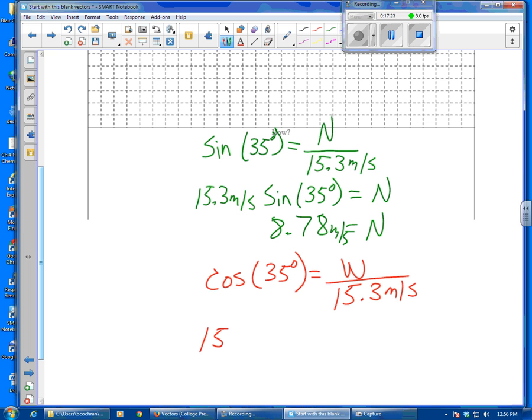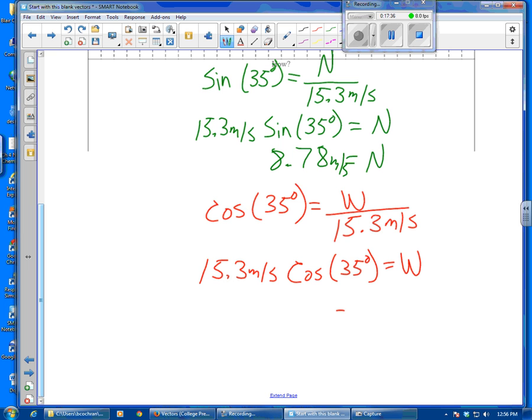I rearrange, I get 15.3 meters per second cosine 35 degrees equals W. So I get 12.5 meters per second. Now I gotta see if I got them right.